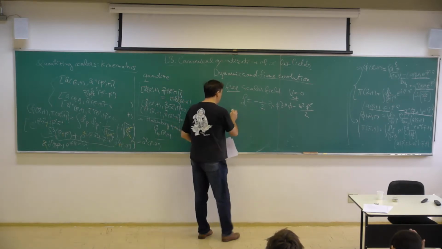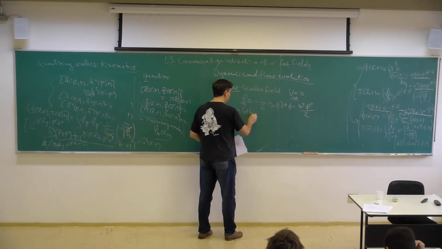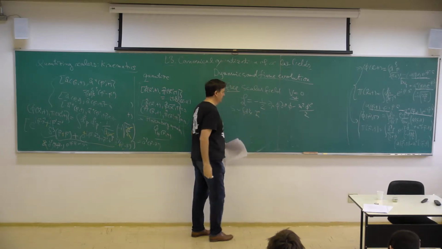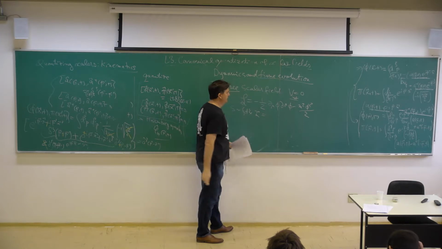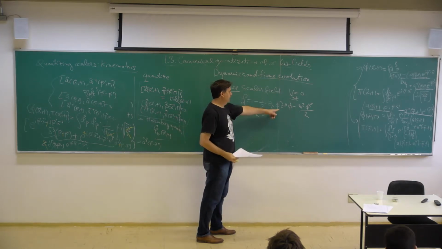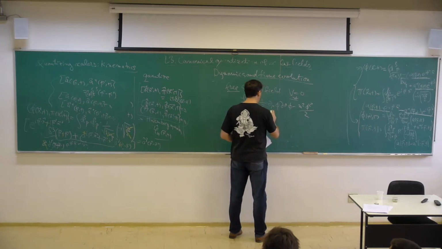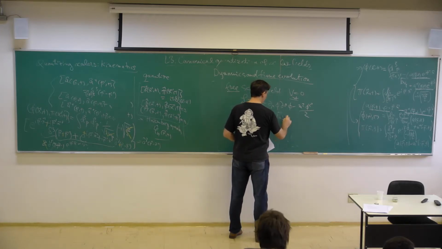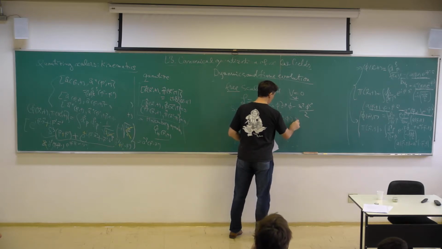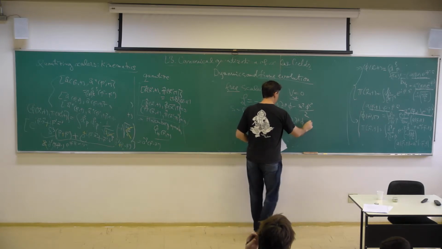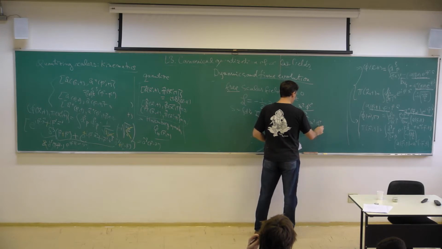And the action is the integral of this. And so inside the action, I can partially integrate one derivative and write plus a half phi d mu phi minus m squared phi squared over 2.